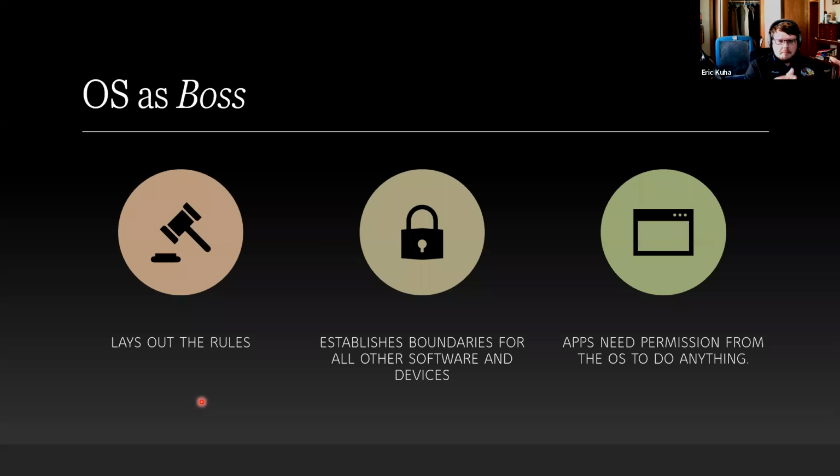It creates boundaries for all of those devices and software, and it's an interesting fact that all apps need permission from the OS to do anything useful. If I want to write to the disk, I have to ask the operating system for permission to do that. And sometimes the operating system has to ask you, the user, for permission to do stuff like that. Sometimes it's all tacit though, like you load a word processor or something like that, it's going to be able to write to files because it's already been given permission.